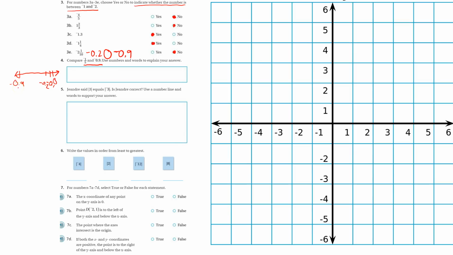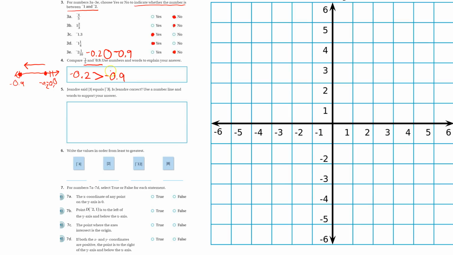And way down here, -0.9. So -0.2 is right here on the number line. -0.9 is right here on the number line. And remember, the further left you go, the less you get. So -0.2 is going to be greater than -0.9.